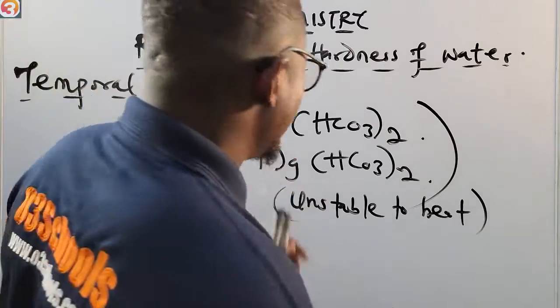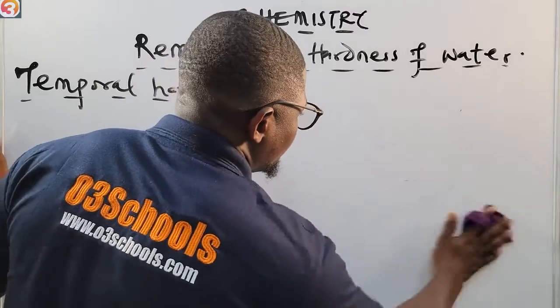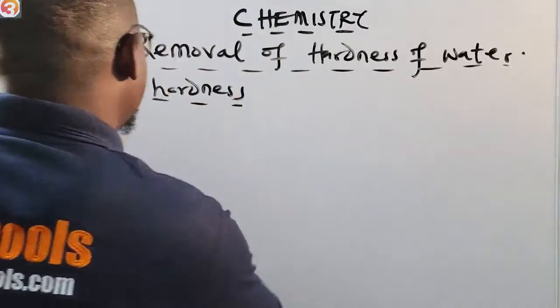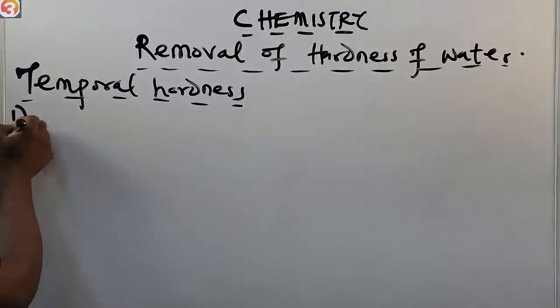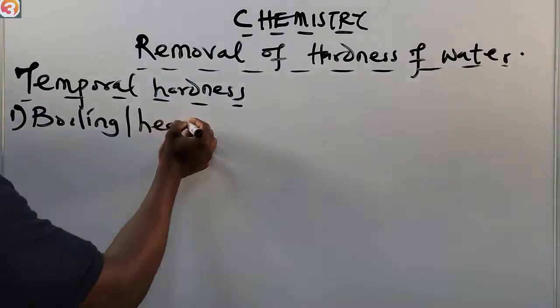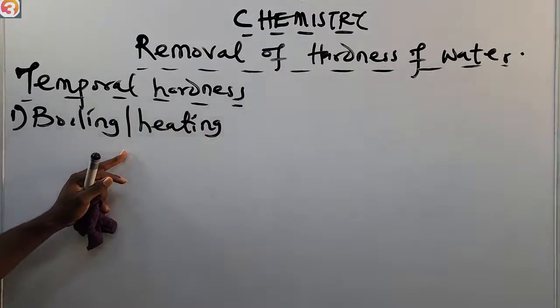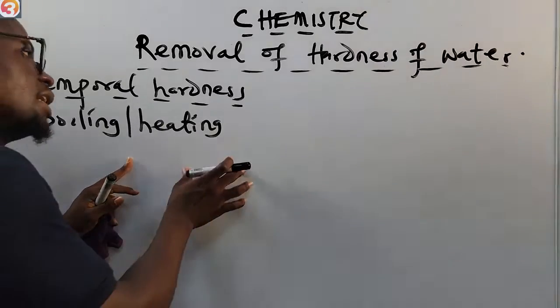Let's quickly see the reaction. The first method for removing temporary hardness is by boiling or heating. Either you boil it or you heat it.